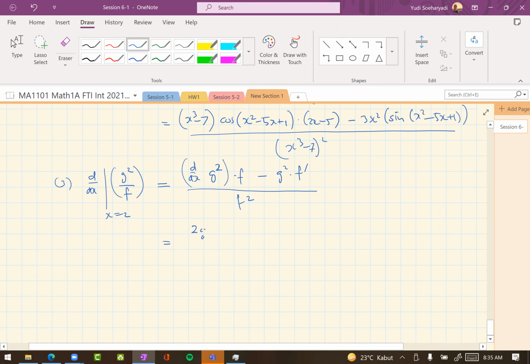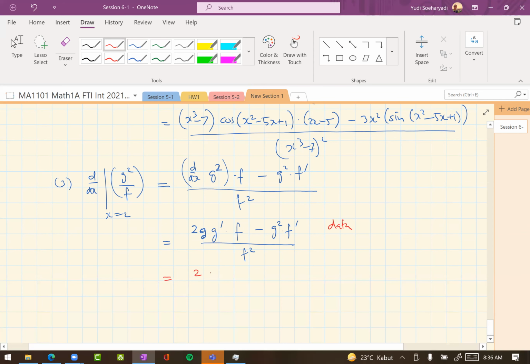I should say the power 2 reduced by 1 becomes power 1, multiplied by the derivative. So the data here is that we need x equals 2.